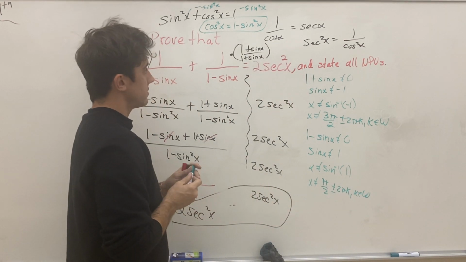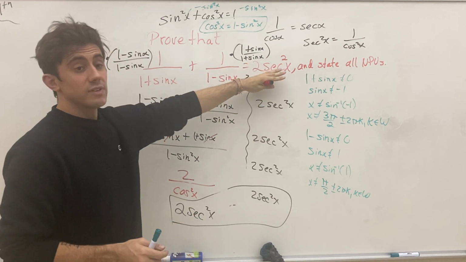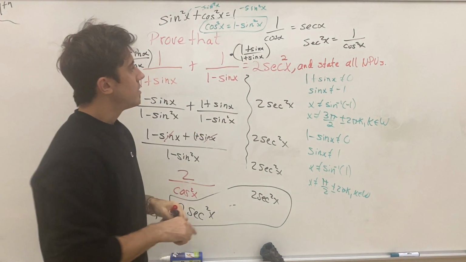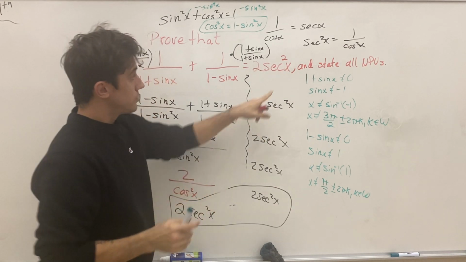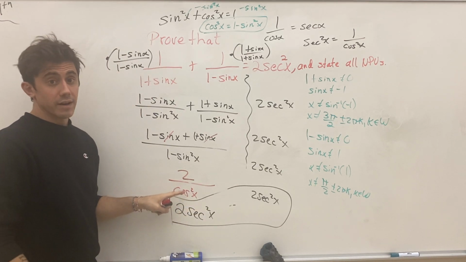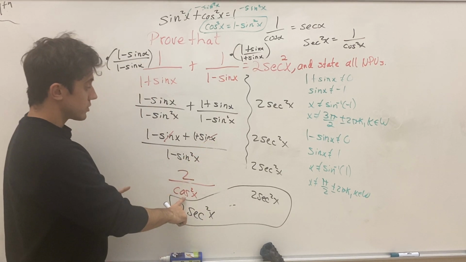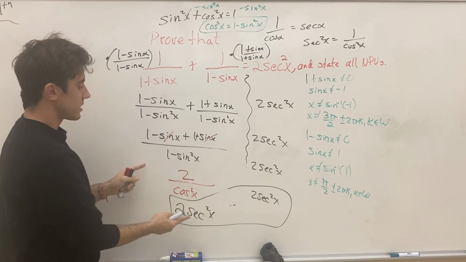And finally, since this right-hand side is still part of our equivalency here of our identity, we also can't have any problems here, and since 2 secant squared x is really 2 over cos squared x, then we cannot have cos squared x being equal to 0 either, because that would cause an issue with the denominator of 0.